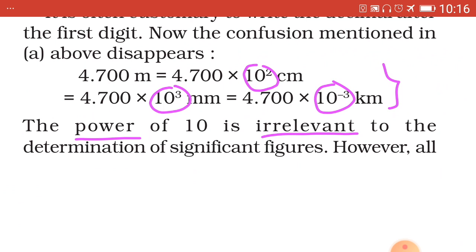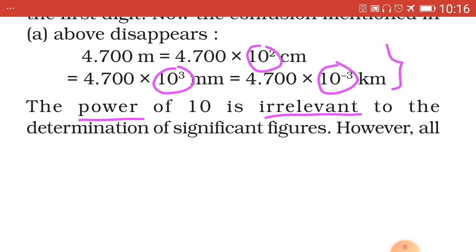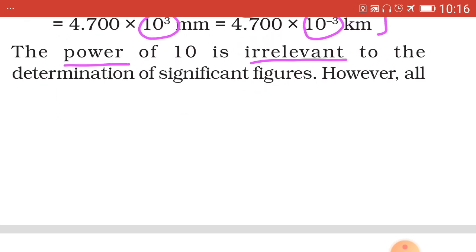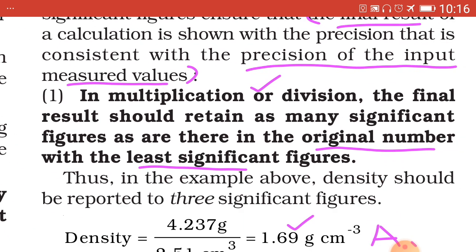And from meter to kilometer conversion, multiply by 10 raised to minus 3, so 4.700 into 10 raised to minus 3 kilometer. Now in all the cases the 10 raised to power is irrelevant. Whatever the power may be, it is irrelevant to determine significant figures. Means the 10 raised to power is not considered for counting significant figures.